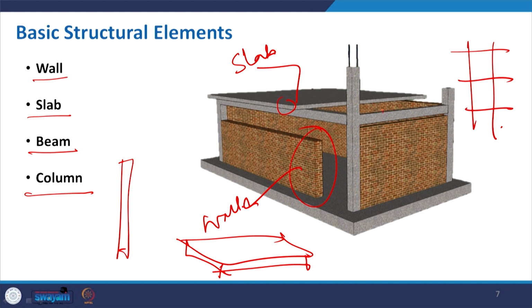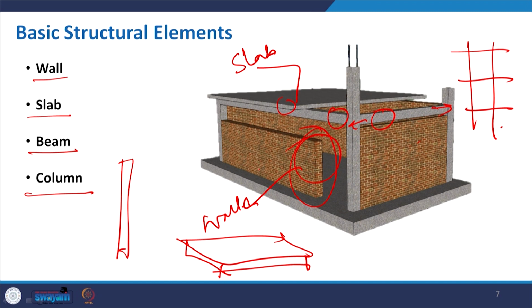This portion, which carries the load of the slab and transfers it to the column, is basically the beam. And whenever we go for this kind of frame structure with column and beam, the purpose of making this wall is not essentially to carry the load.